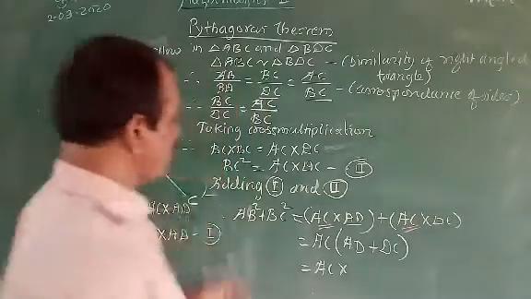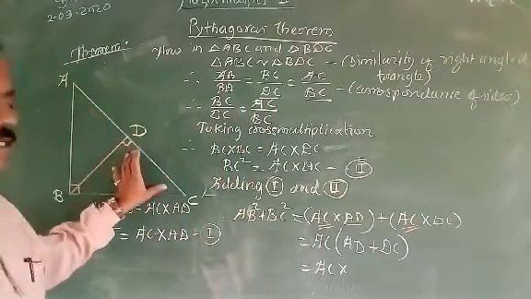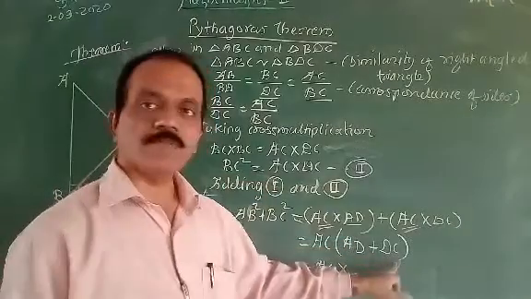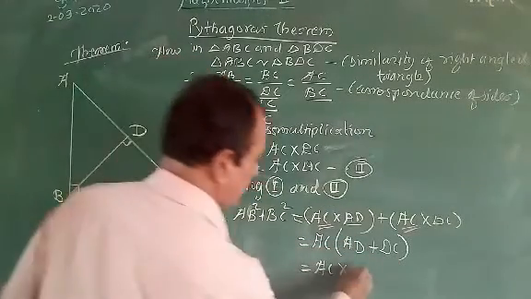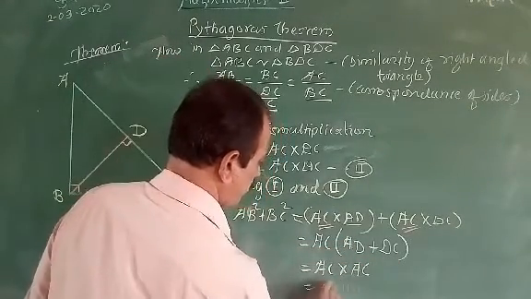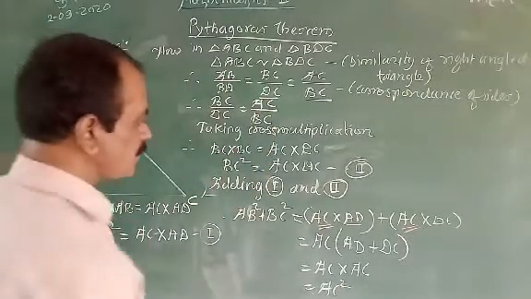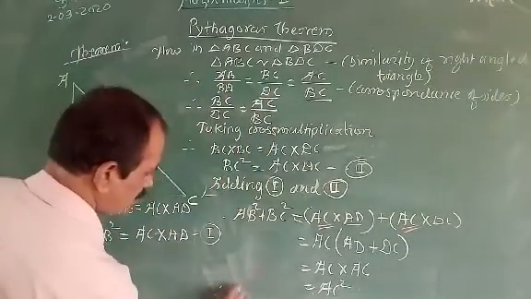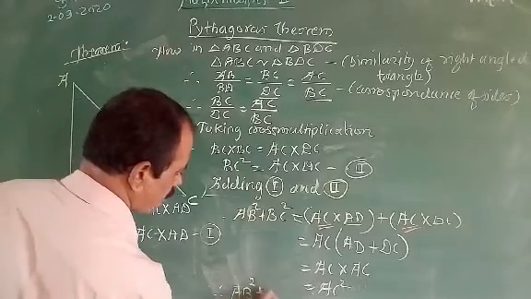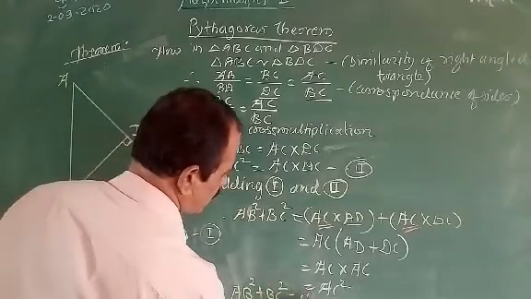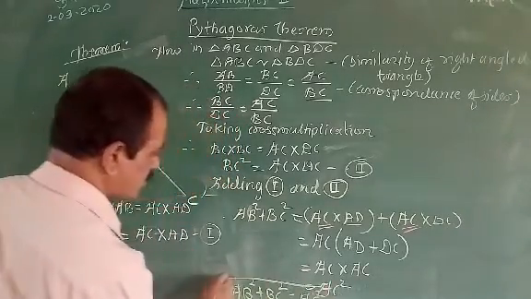AC into AD plus DC. AD plus DC is equal to AC, therefore AC square. Therefore AB square plus BC square is equal to AC square.